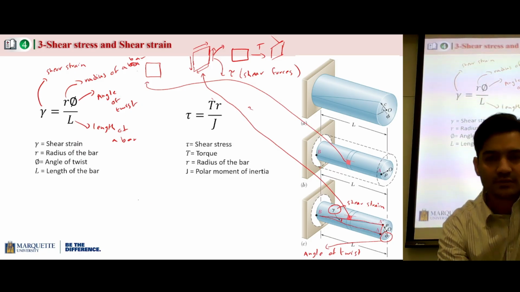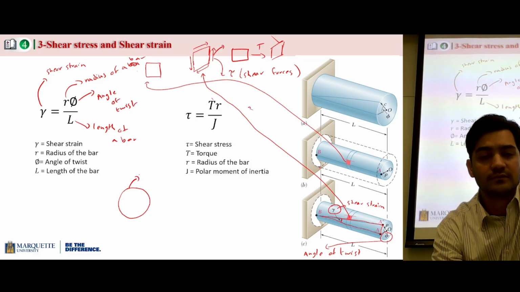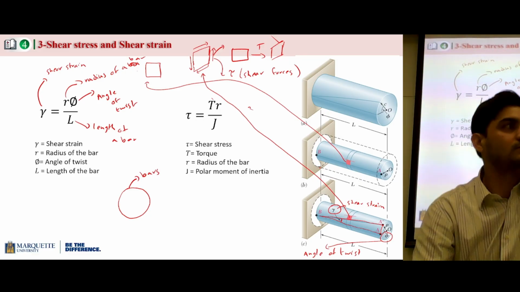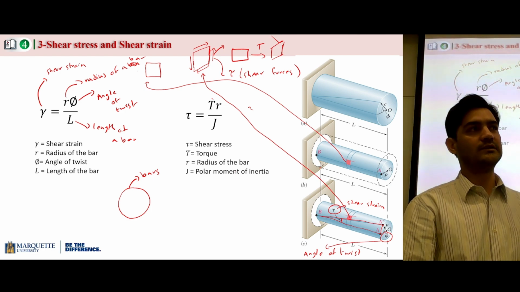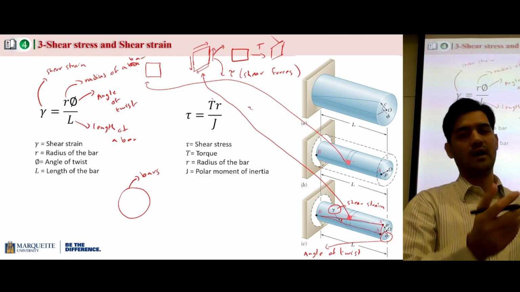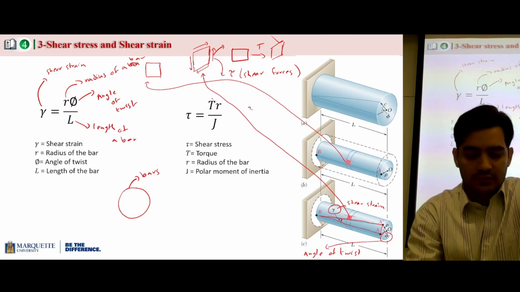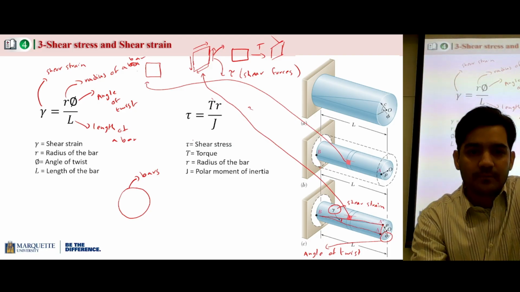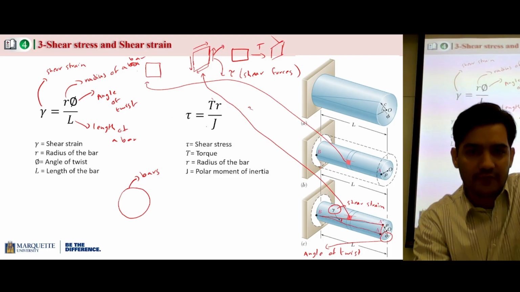All these equations are for circular cylinders. These equations are for bars, because if you have another shape, it's going to have other deformation types, so these equations will not be applicable there. In chapter 4, we'll only talk about bars, so these equations are valid for our purposes.